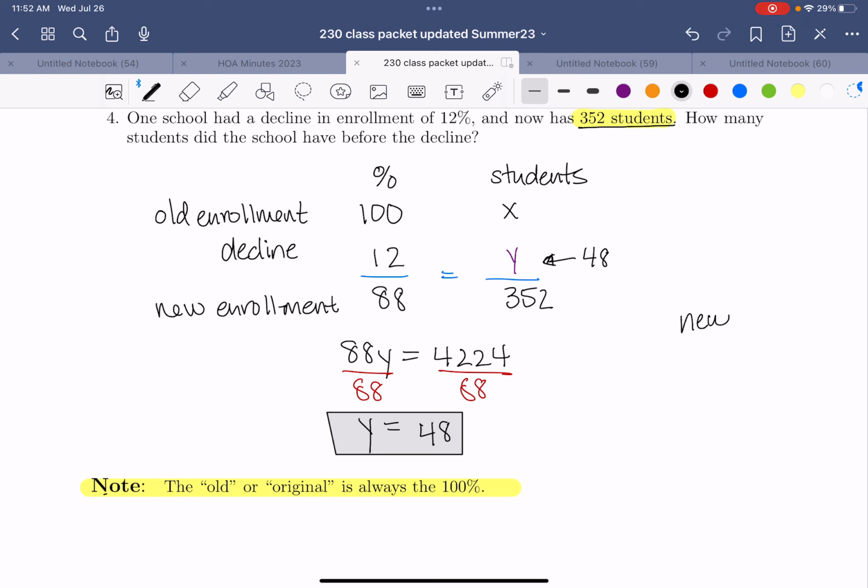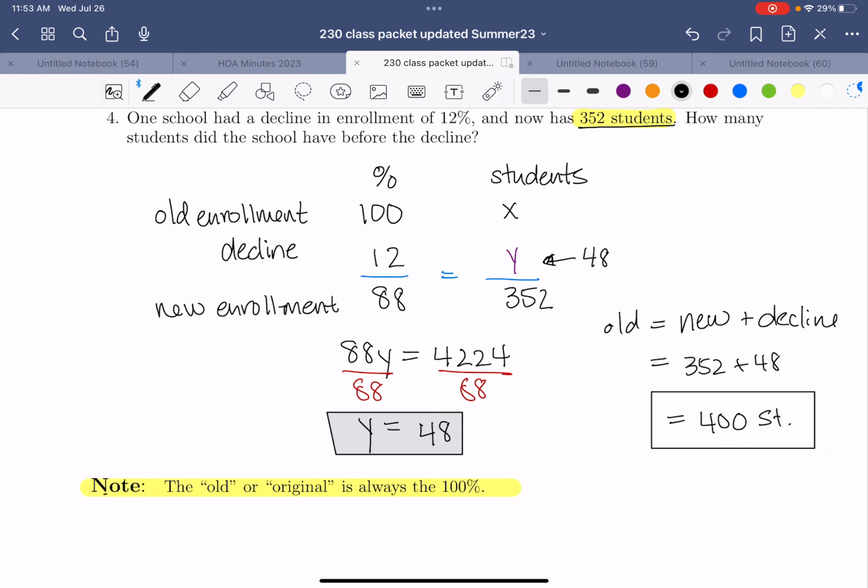So new plus decline equals the old, which is what I'm looking for. So we're going to take the 352 plus the 48, and that's going to give me 400 students as my old enrollment.